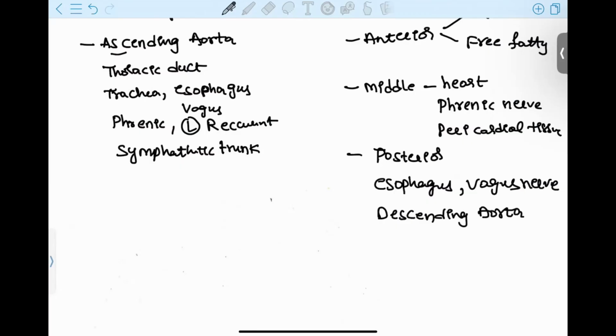The recurrent laryngeal nerve is not here because it is in the upper part. The phrenic nerve has already passed in the middle one. So the only nerves passing here are the vagus nerve and the sympathetic nerve, and also the inferior vena cava and your thoracic duct. So these are the structures passing in the posterior mediastinum.